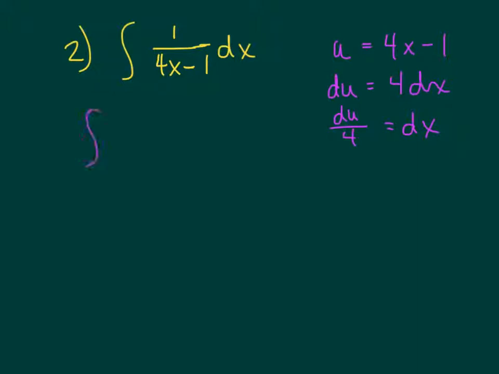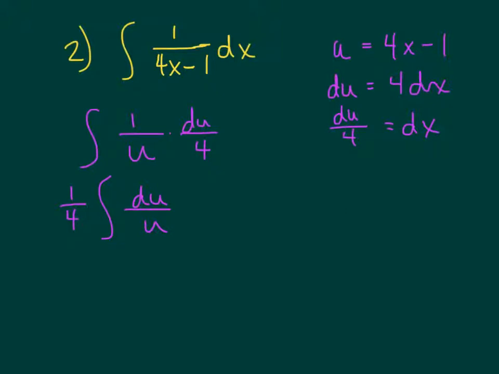So now I have the integral of 1 over u. In place of dx, I'm going to put du over 4. And if I were to clean this up, my constant, 1/4, would come out front. The integral of 1 over u du, which of course I could rewrite, because du times 1 on the top is du over u.